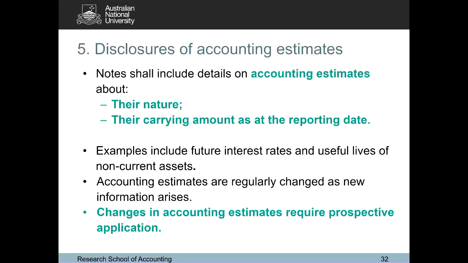And disclosure of accounting estimates, we've discussed the estimates. The disclosure for estimates should disclose their nature and their carrying amount as at the reporting date. And any changes in accounting estimates require prospective application, which means you apply that to the current year.